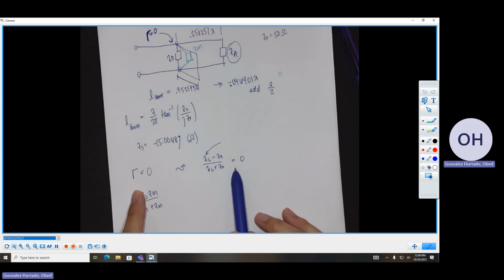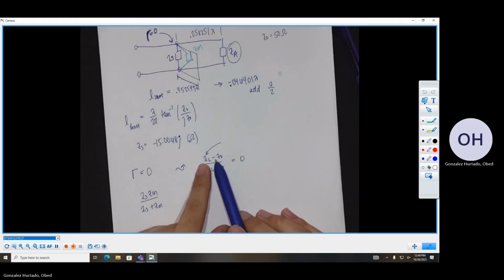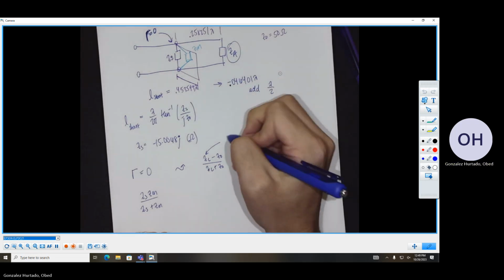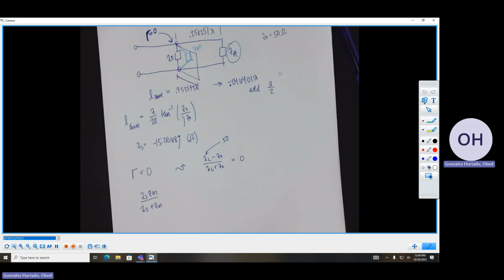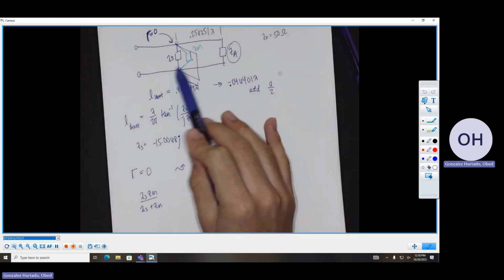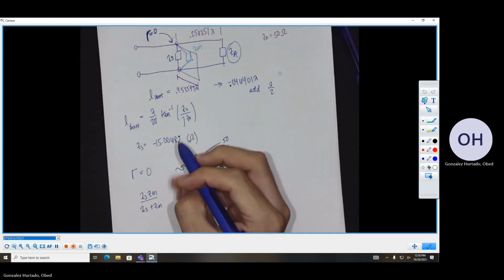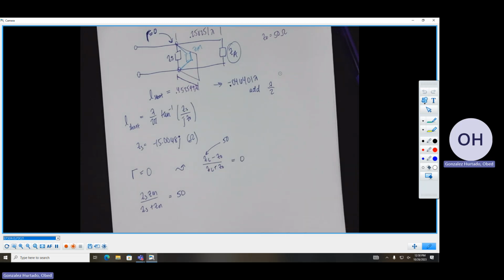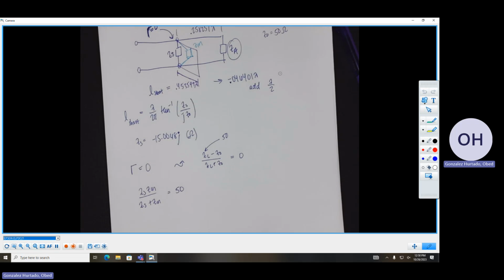For our gamma to be equal to 0, we need ZL to be the same value as Z naught, so we need that to be 50. In our case, ZL is going to be the parallel impedance of our ZS and ZN.